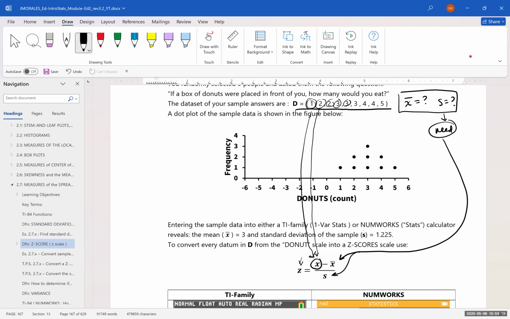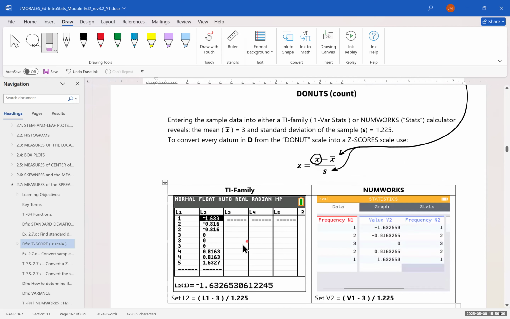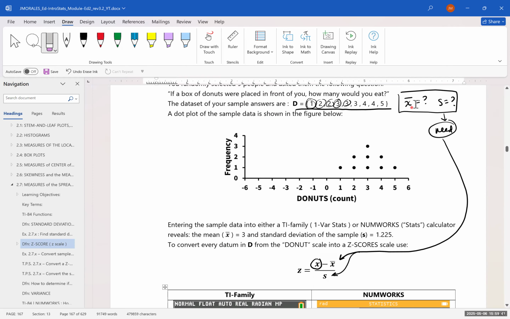If we put a value of x equals 3 donuts, then we'll get a z-score equivalent to 3 donuts, and so on. So we'll put in 4 and we'll put in 5. Okay, so the first thing we need to do before we can do all of this is calculate the sample mean and the sample standard deviation. So let's do that first.